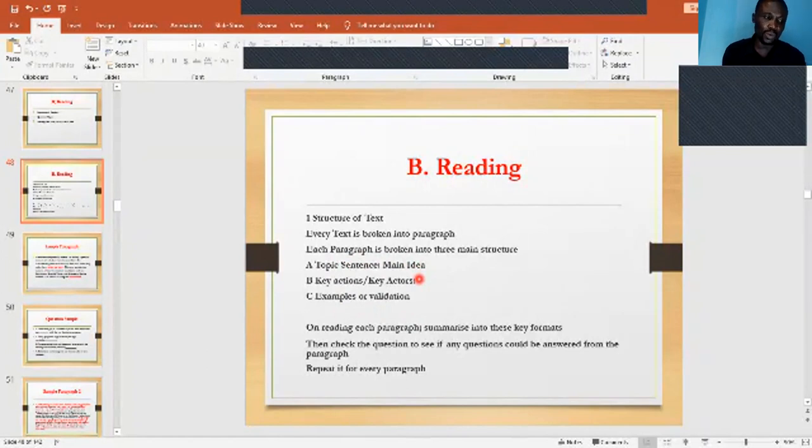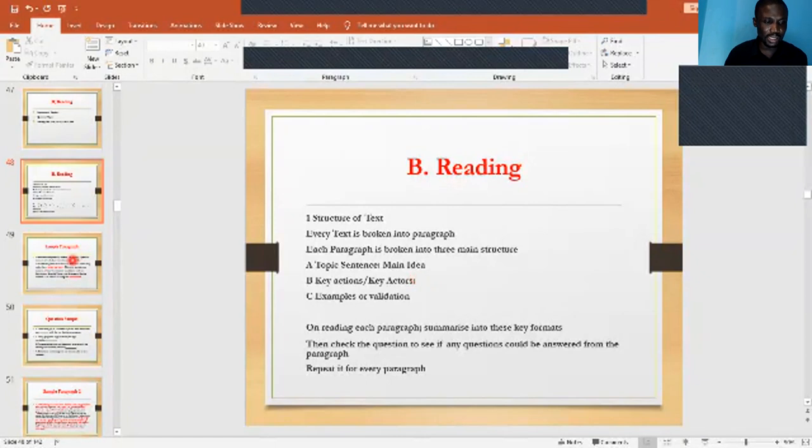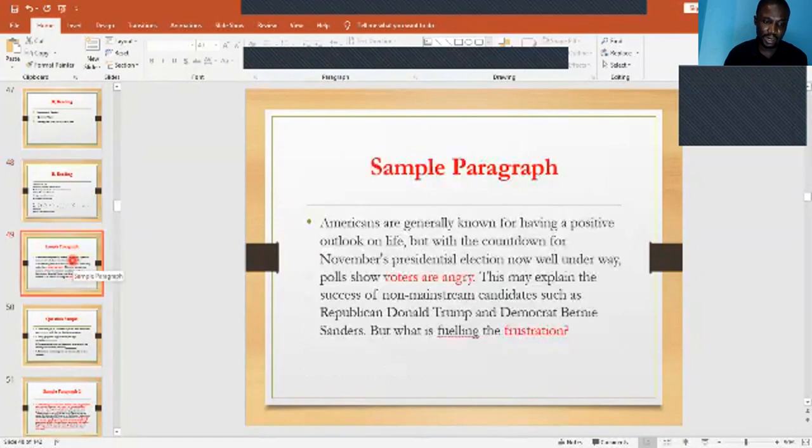One thing I want you to do as you are reading is on the side, you write main idea, if you have located the main idea, then the key action, you write it. Okay, so now let me go to a sample paragraph. This is a sample paragraph.